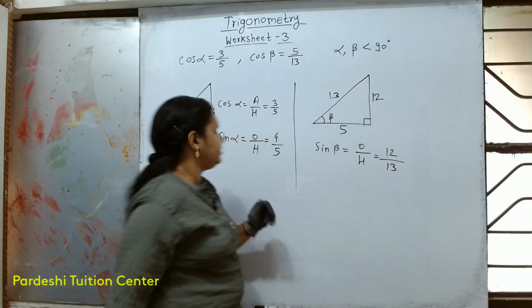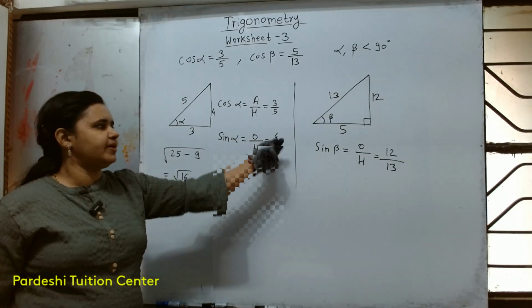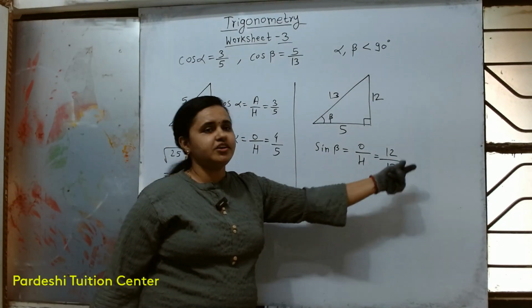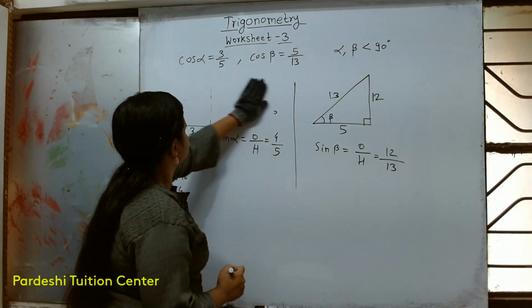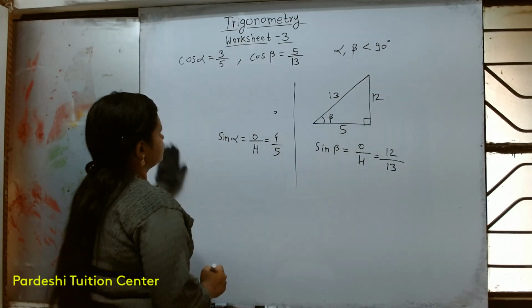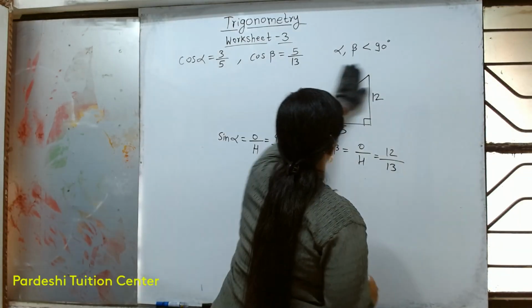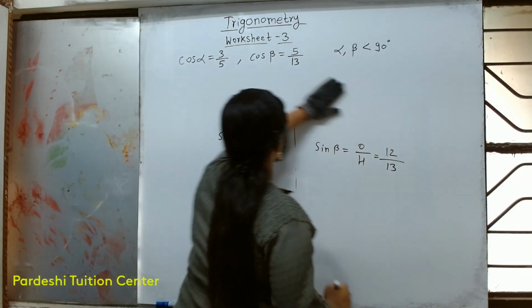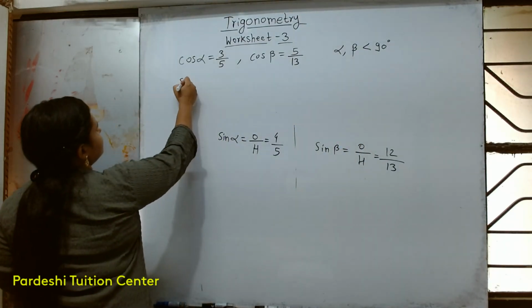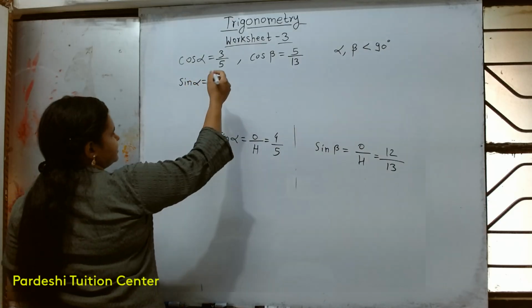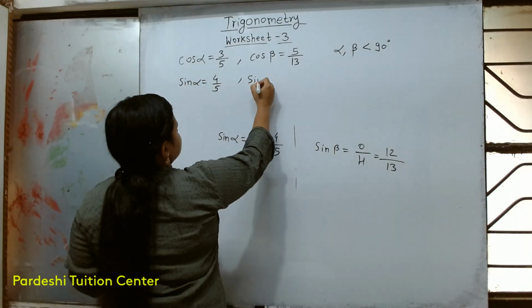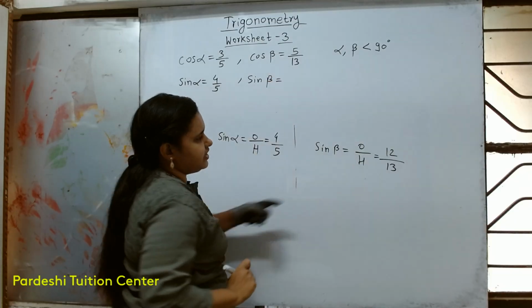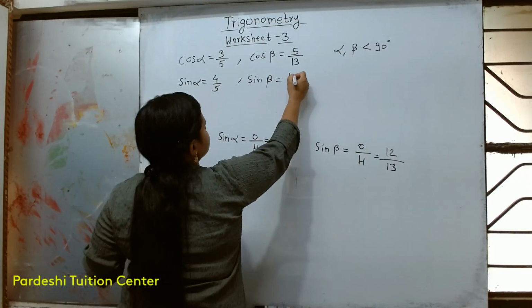So, we have got sin alpha as 4 by 5 and sin beta as 12 by 13. I write the values: sin alpha is 4 by 5 and sin beta is 12 by 13.